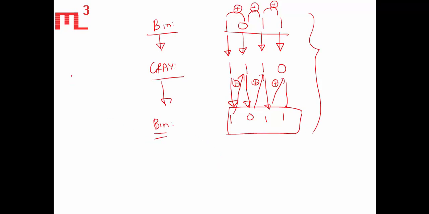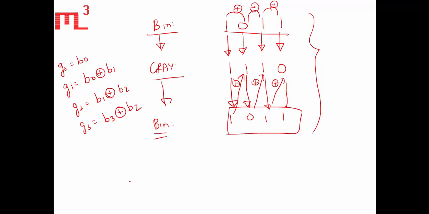Now one more concept, one simple thing to note. We have seen that G0 is equal to B0, G1 is equal to B0 XOR B1, G2 is equal to B1 XOR B2, and G3 is equal to B3 XOR B2. Now what can you say about gray to binary? If we convert from gray to binary, B0 is equal to G0 as usual.